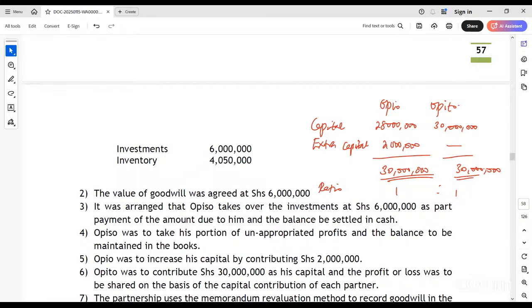You see, the debit equals the credit. So complete your double entry. Go and debit the capital account with Opio 3M and then Opito 3M. The capital account is here. Goodwill.